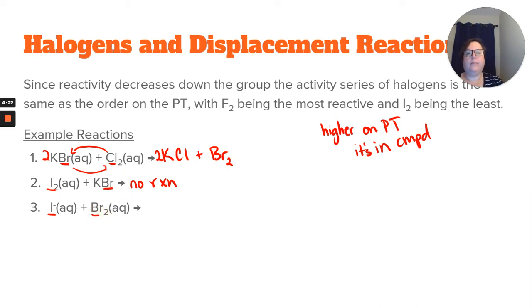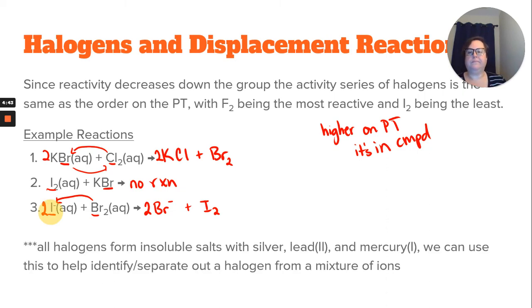And then you have the bromine diatomic. So the bromine will replace the iodine because it's higher on the periodic table. So it would form Br minus, and then you would have I2 by itself. So again, you're just switching partners. We would have to balance that to be correct.